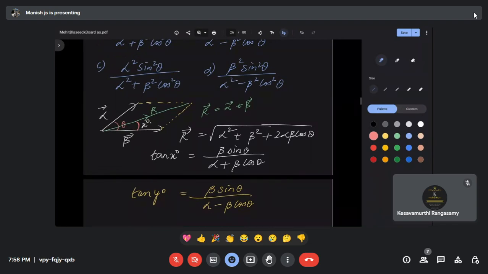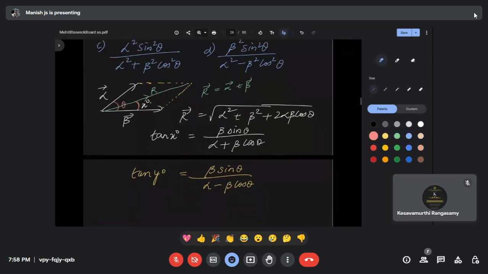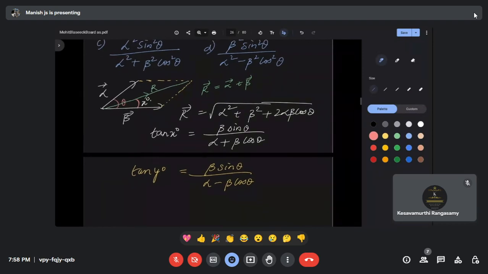The angle between vector A and the negative vector is 180 minus theta. I do understand that you feel there should be a minus, but the angle is 180 minus theta, so minus of minus will ultimately become plus. That's why you don't get a minus sign there. So it's beta sin theta upon alpha minus beta cos theta. That is how the relation comes.